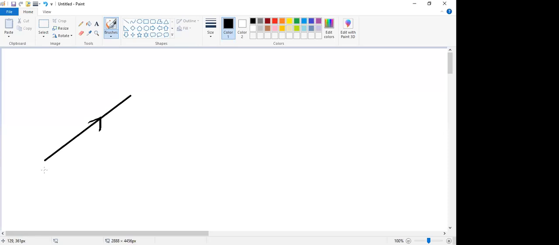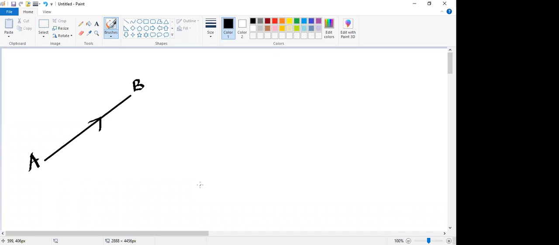Yes, sir. What can you see? We are seeing a line with an arrow. Thank you very much. So this is the line segment from point A to point B. Then we can represent this as the vector AB.